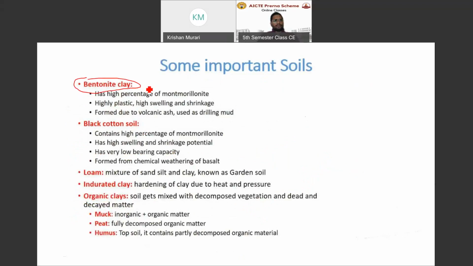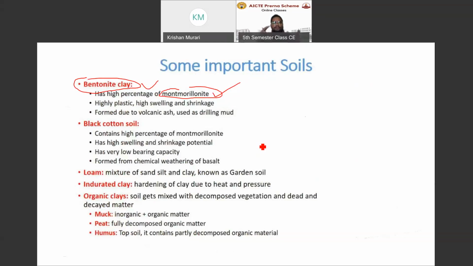First is bentonite clay. Bentonite clay has a very high percentage of montmorillonite. Montmorillonite is a mineral, and its property is that whenever we add some water to soil in which montmorillonite minerals are found, the soil has very high swelling properties.